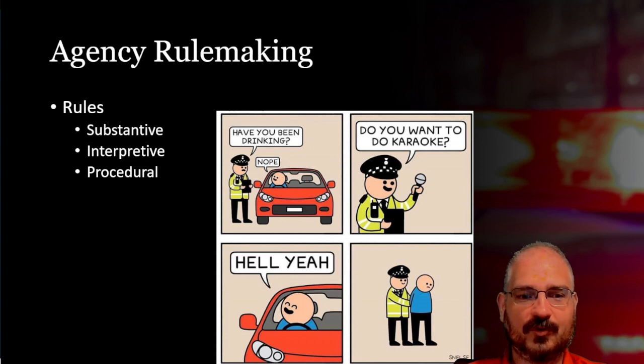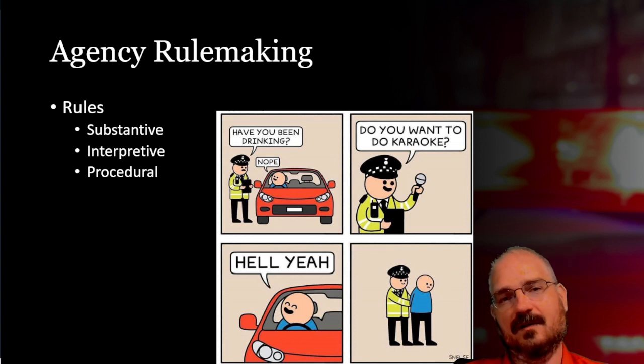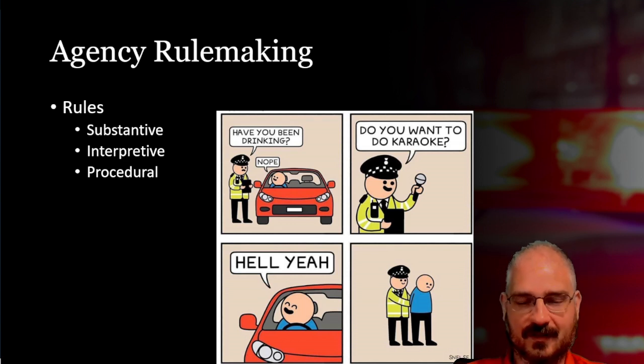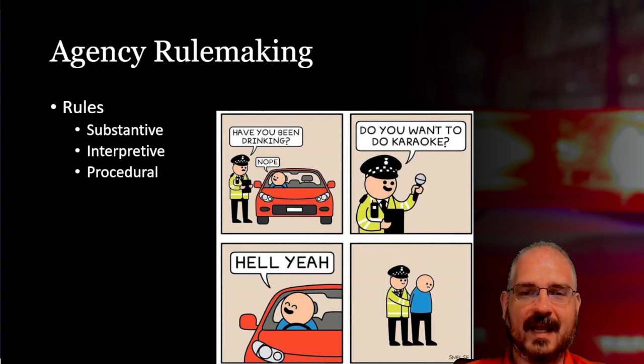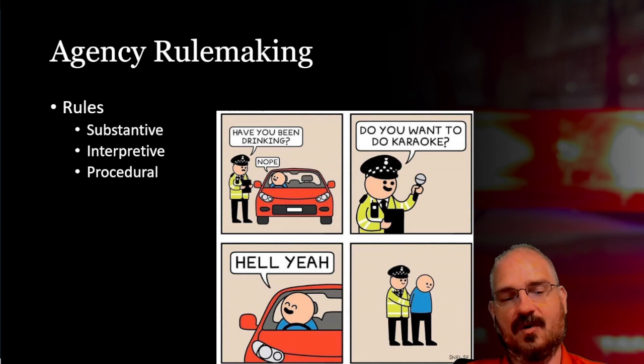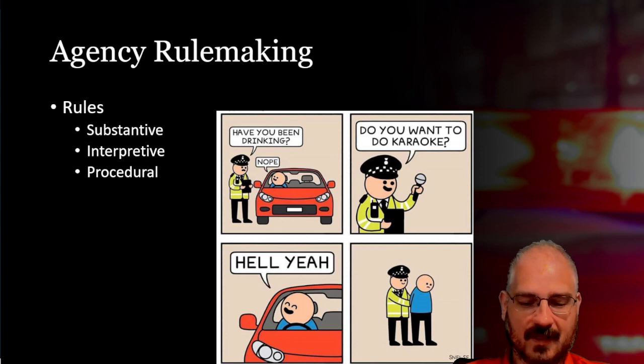And then, of course, there's the procedural. The procedural rules are about how stuff works. So, we're going to make this substantive rule about air pollution, and this is the limit for a given power plant. The procedural rule might say, here's how we're going to do the investigations, the inspections.